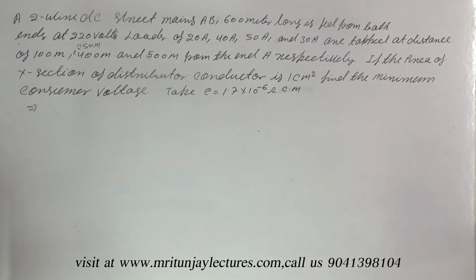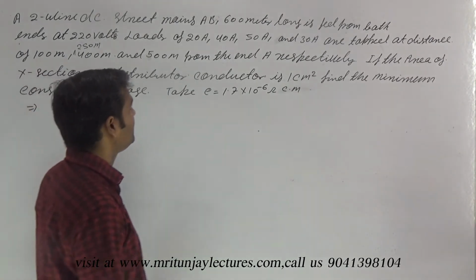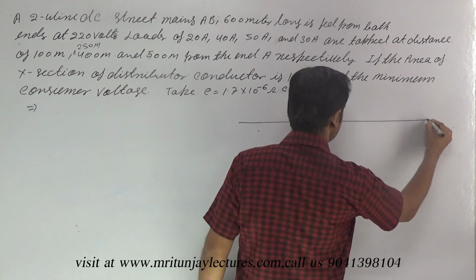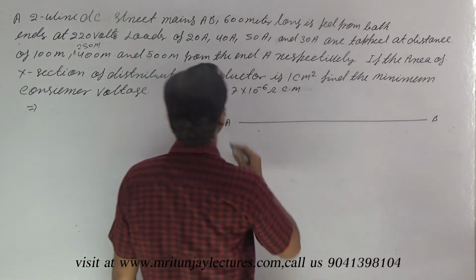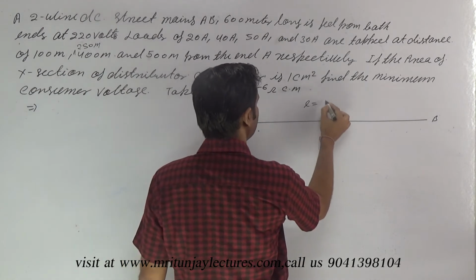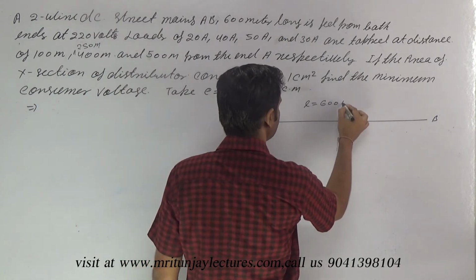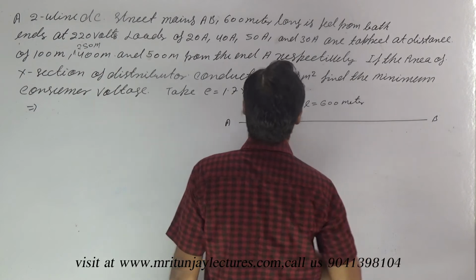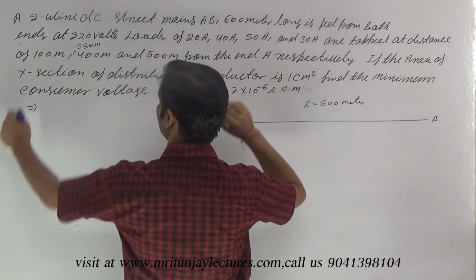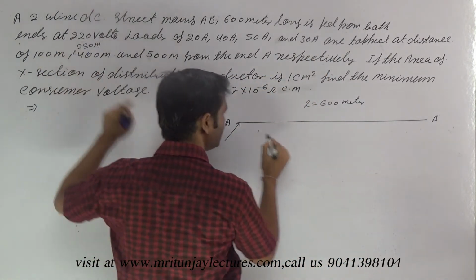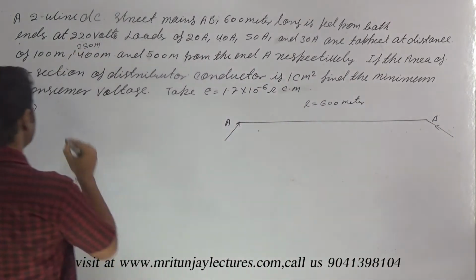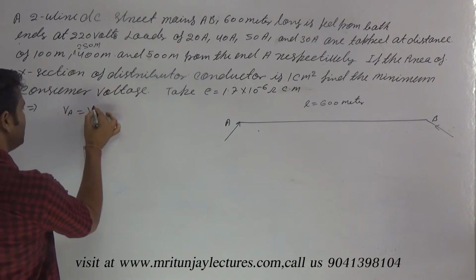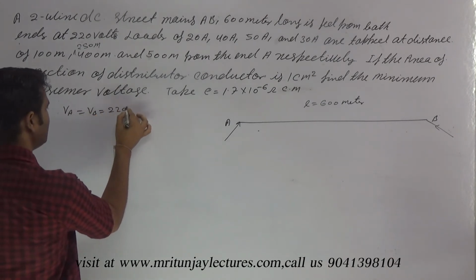Now corresponding to the question: a 2-wire DC street main AB. First of all, make it: A and that is B portion, L is equal to 600 meter. Both ends are feed points at 220 volt, meaning VA is equal to VB, equal to 220 volt.